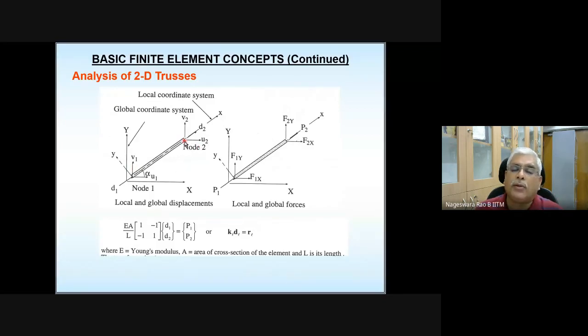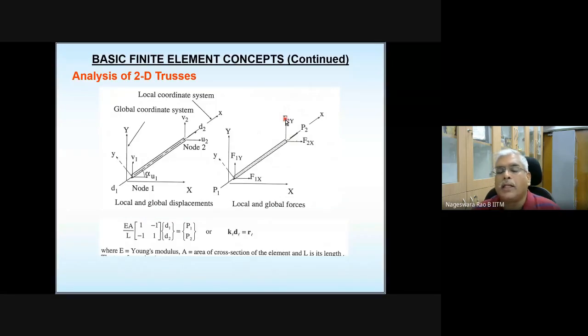Similarly, at node 2, the local displacement is d2; how does it get resolved into u2 and v2? Similarly, the force at node 1, p1, gets resolved into f1x, f1y. P2 gets resolved into f2x, f2y.